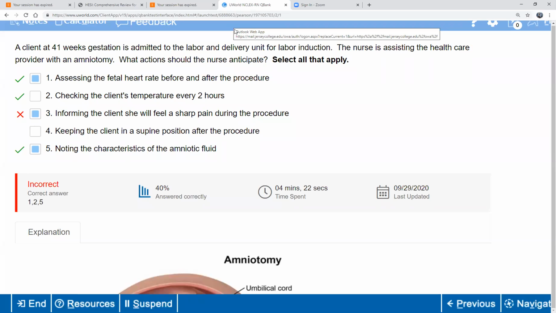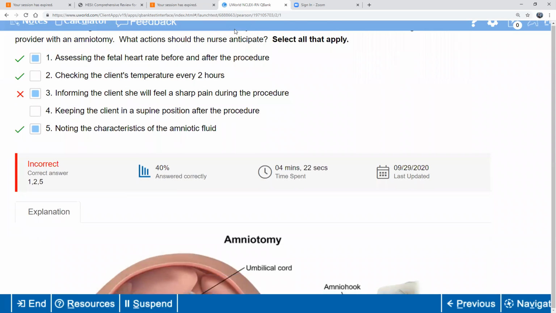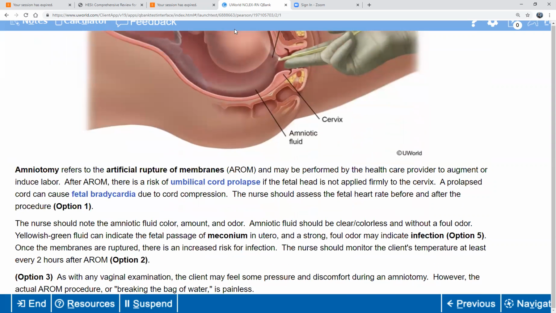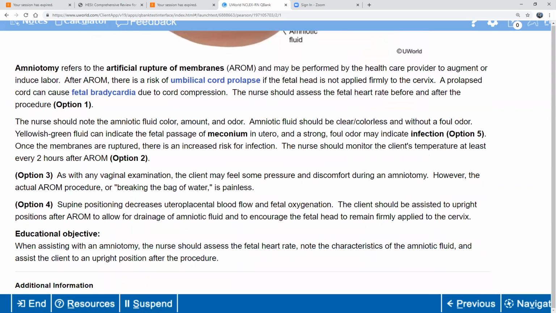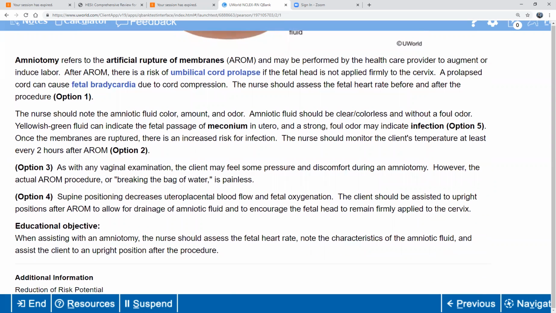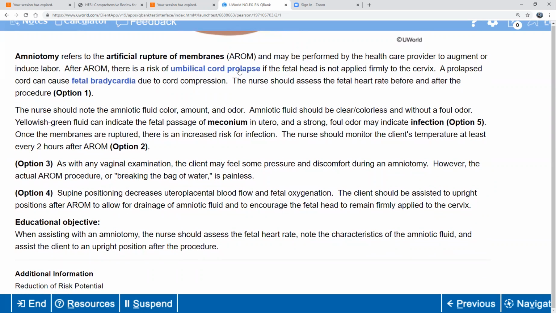Oh, it said assessing the fetal heart rate. Yeah, checking the temperature every 2 hours and noting the characteristics of the amniotic fluid. So every 2 hours was fine. There actually is documentation that they'll feel right-sided pain or discomfort.